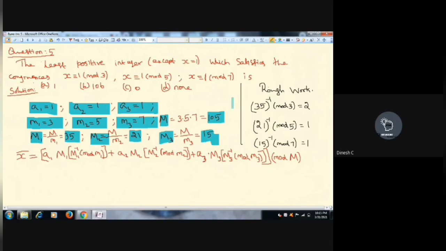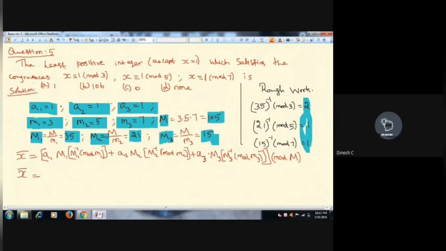So x bar equal to, also m1 inverse, m2 inverse, m3 inverse are shown in the rough column. It is m1 inverse is 2, m2 inverse is 1, m3 inverse is also 1. Okay, just apply all the values in x bar. You get a unique value.